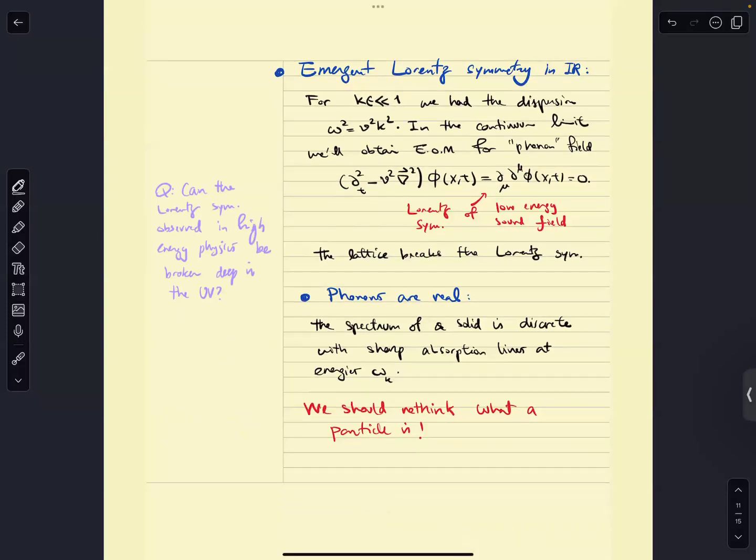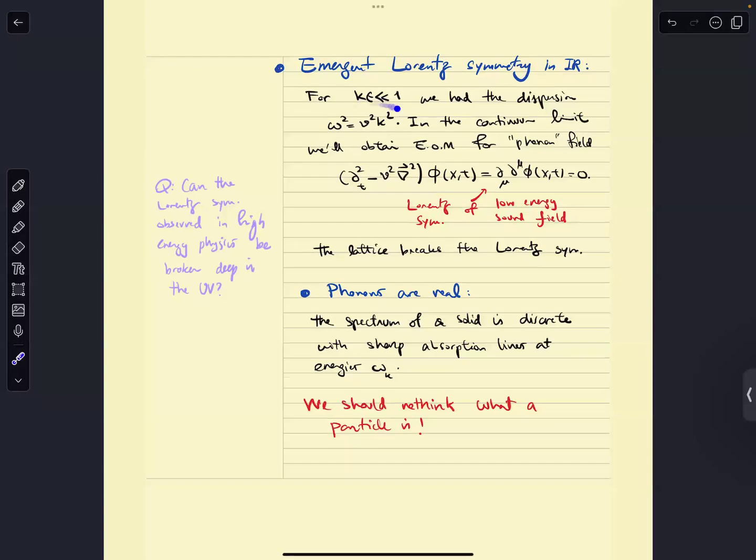All right, so let's talk a little bit about this emergent Lorentz symmetry in the infrared. For k epsilon much less than 1, we had this dispersion relation, which is relativistic, and the equation of motion for the phonon field becomes this: del t squared minus v squared nabla squared, which is just omega squared minus v squared k squared.